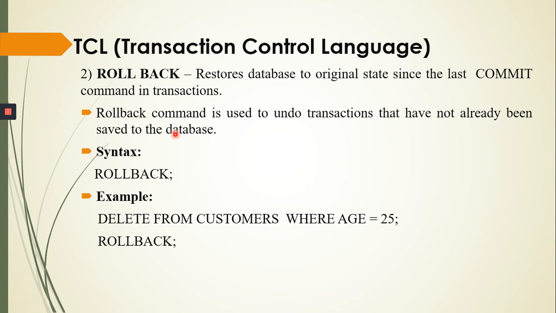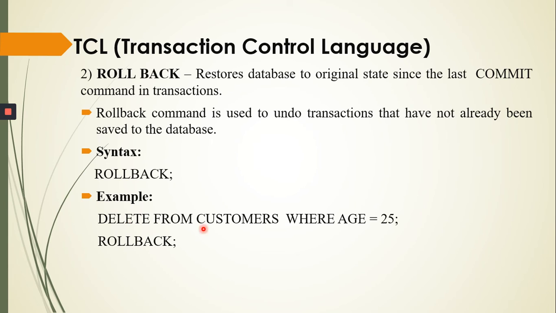This command restores the database to the last committed state. If we have used the update command to make some changes into the database and realize that those changes were not required, then we can roll back those changes if they were not committed using the commit command. The syntax is simple: rollback after some statement.